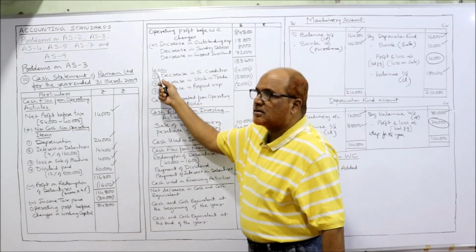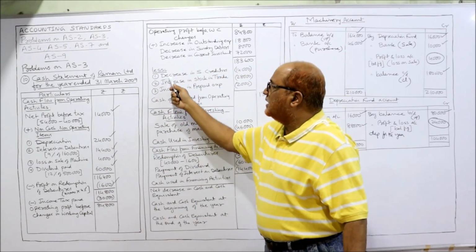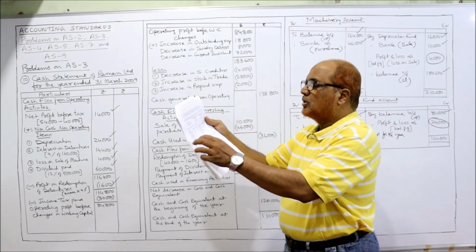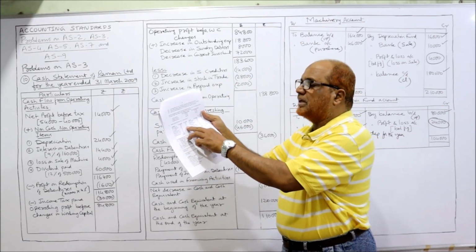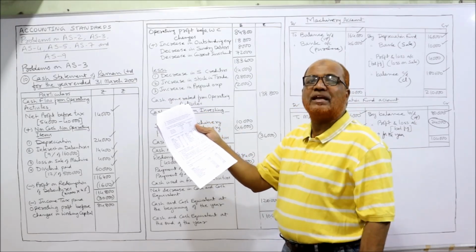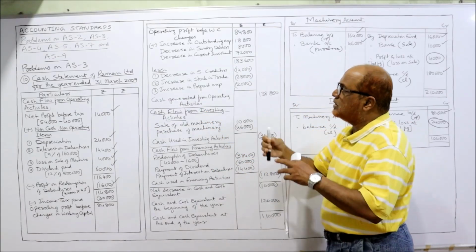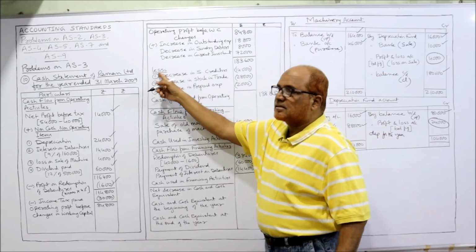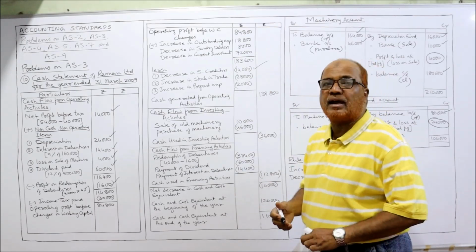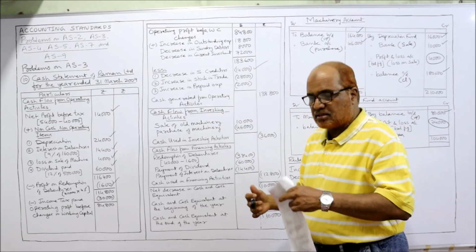Deduct means less. Decrease in sundry creditors is 14,000. So 230 minus 216 is 14,000. So this 14,000 is minus, less. That's why I am putting it in brackets. Bracket denotes subtraction, minus, right?